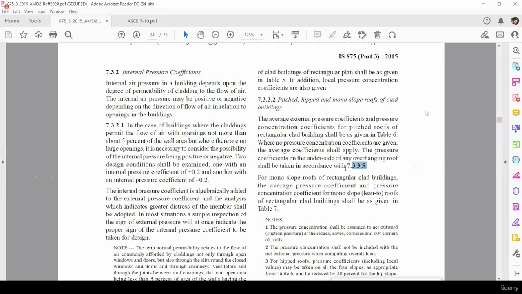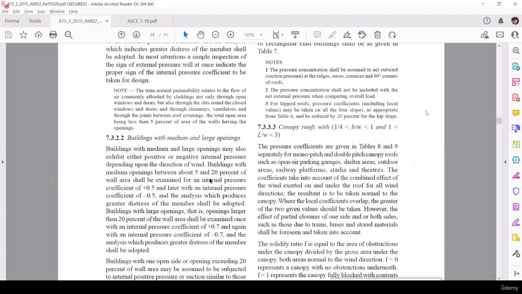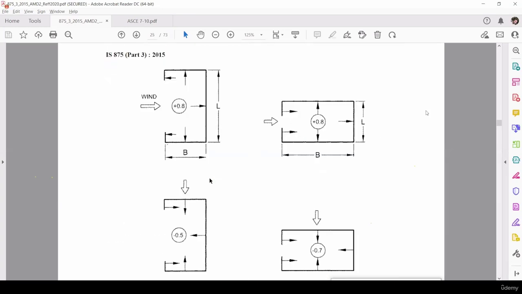Sir, one more doubt over there. This internal pressure is only applied when the wind is from the open side, right? What do you mean by an open side? In this one, sir, on page number 12. Please go to page 12. Suppose in the first case the internal pressure is given as plus 0.8. We will consider this internal coefficient only for the open side, right?